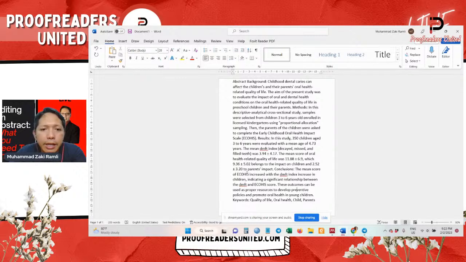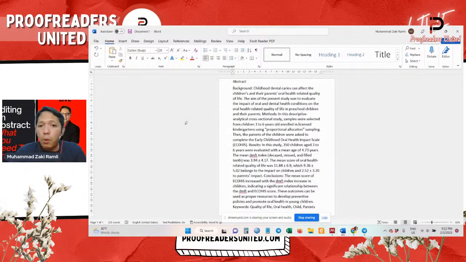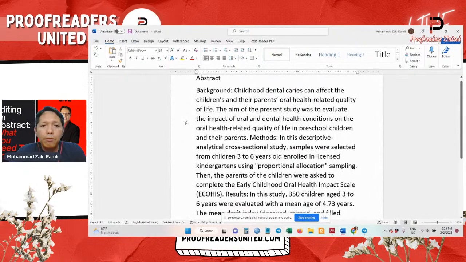And how about others? Okay, so it's now 203 words. Abstract, background. So let's see sentence by sentence and find a way on how we can improve the abstract, language presentation wise.